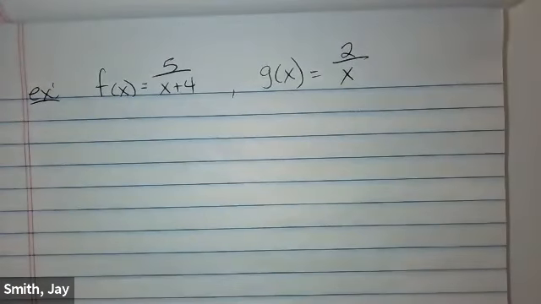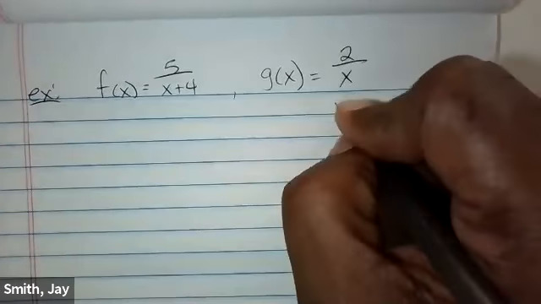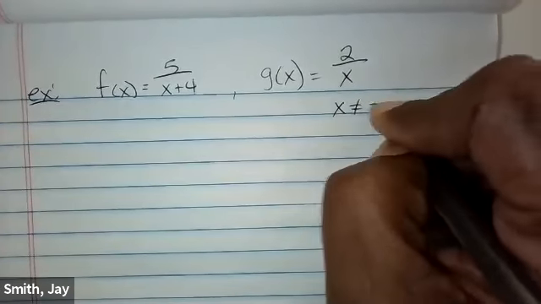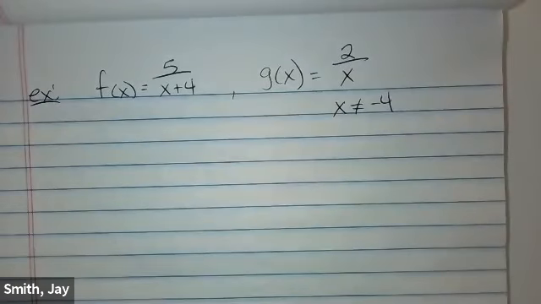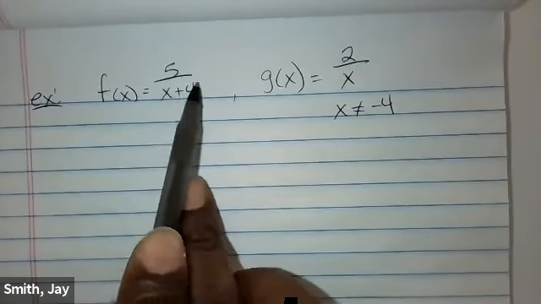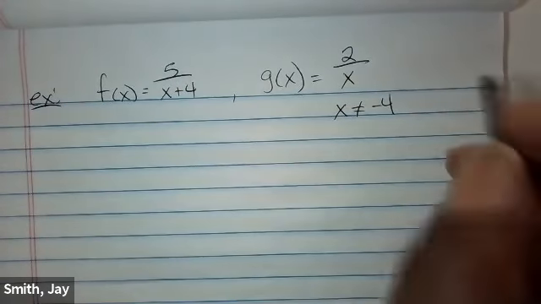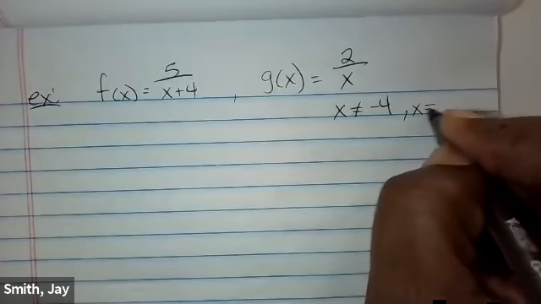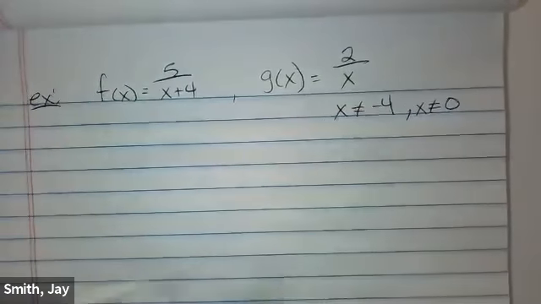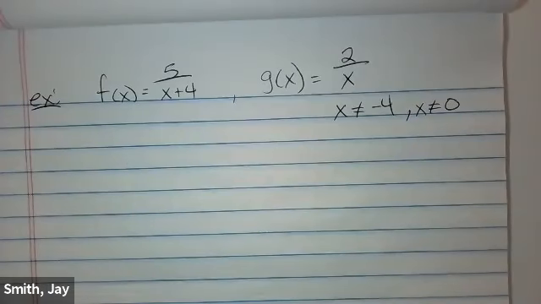So right off the bat, because we're dealing with rational functions, we know that for f of x, x cannot equal -4. Because if x is -4, we end up with -4 plus 4, or 0 on the bottom of our fraction. We can't divide by 0. We also know that x cannot equal 0 for g of x, because if x is 0, we're dividing by 0, which means we end up with undefined for g of x.